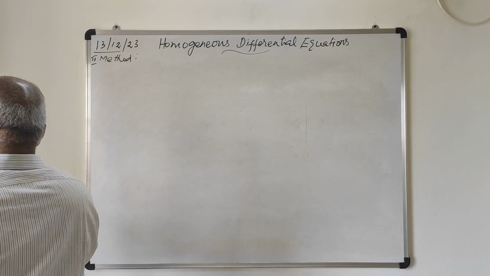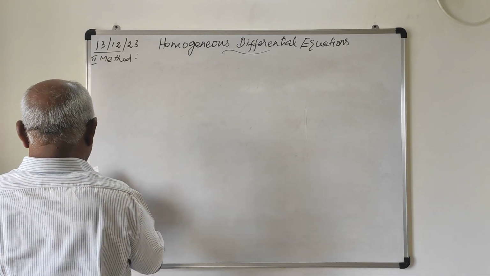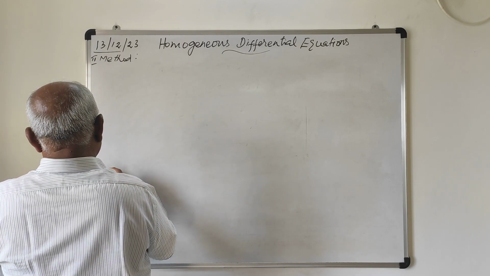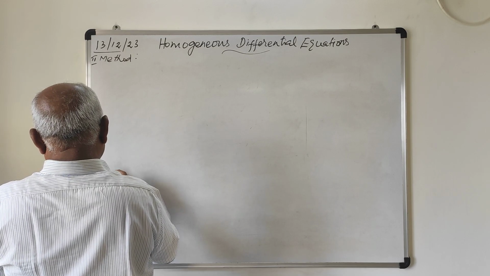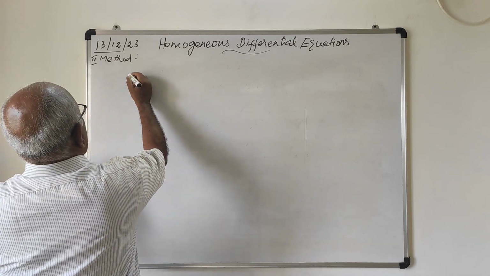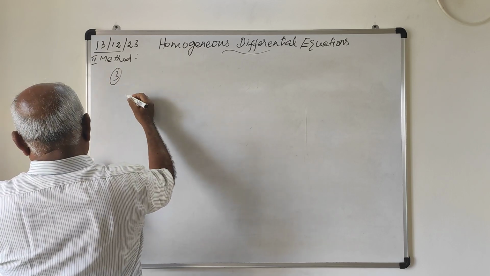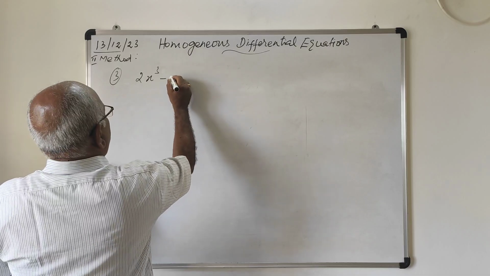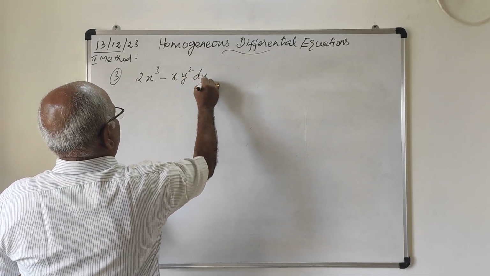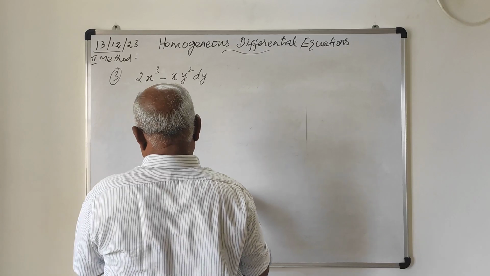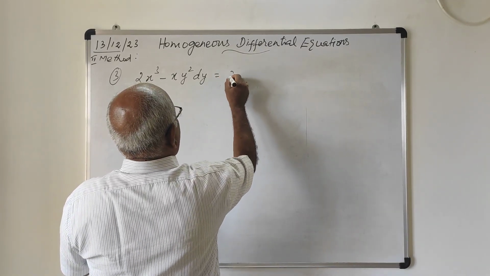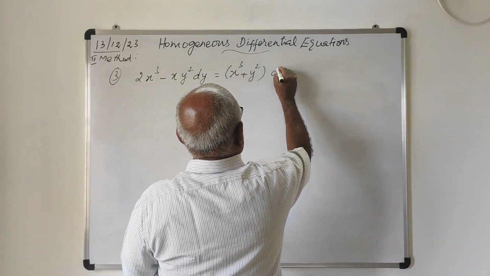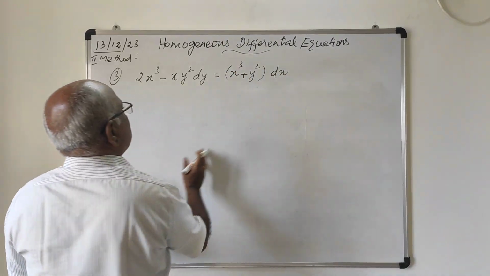See, consider this example: 2x cube minus xy square dy equal to x cube plus y square into dx. Check whether this equation is homogeneous or not.